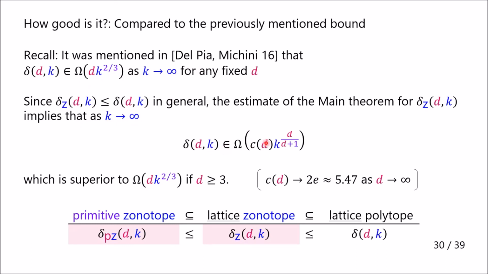And please note that the hidden factor here, C(d), converges to a constant at most 6, as I mentioned, while the hidden constant here is d. However, for any fixed d, this estimate is better when k goes to infinity, since the exponent is strictly greater than this one.